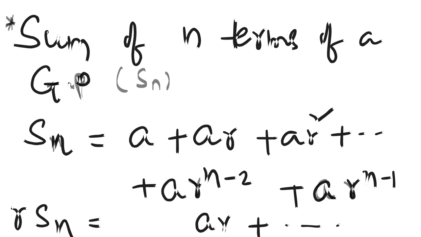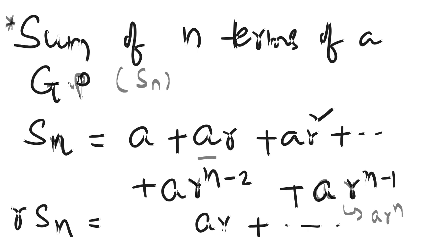For the growth model, multiply both sides by the common ratio r; the left-hand side becomes r into Sn. On the right side, leave the first term and place the resulting terms from the second term onwards. If I subtract, the middle terms get cancelled, a is left, and the last term changes to a into r to the power n.